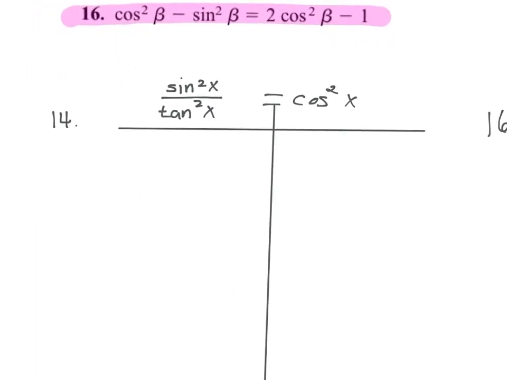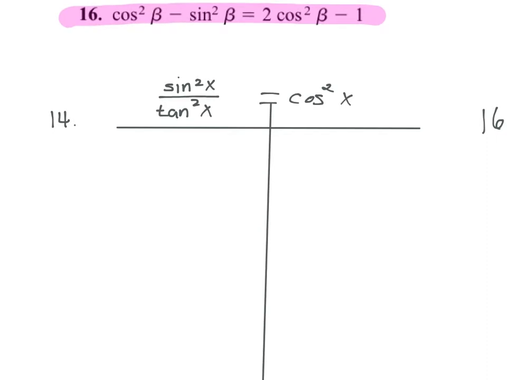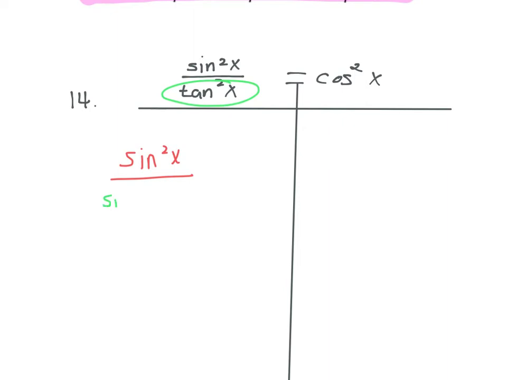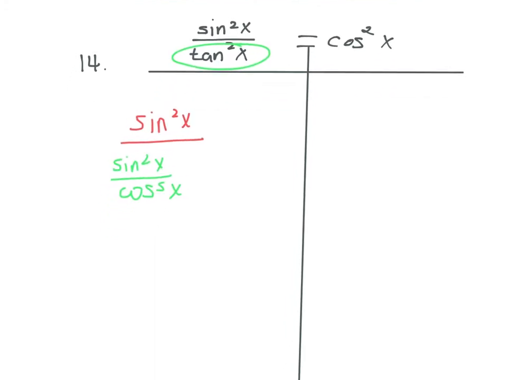Okay, I'm going to start on the side that looks a little more difficult, which would be the left-hand side, because cosine squared x on the right is already just one singular function. So I'm going to keep sine as it is, sine squared x, and I'm going to change tangent right here into what is tangent? It's sine squared x over cosine squared x. Now what I've done is I've created a fraction, right?